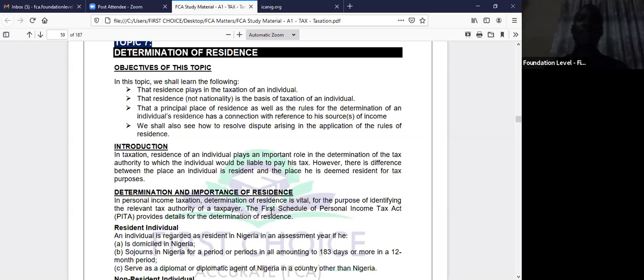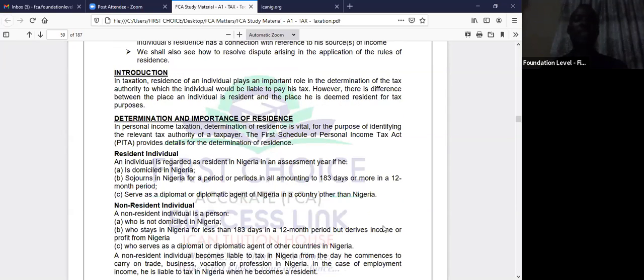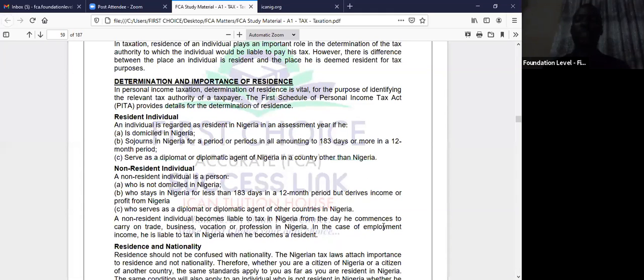When you are serving as a diplomatic agent of Nigeria, you don't have to be in Nigeria, you have to be in that country in which you are representing Nigeria. Then you are a resident person in Nigeria. Okay? Now that we've gotten that definition, it means that a non-resident person is someone who is not domiciled in Nigeria.